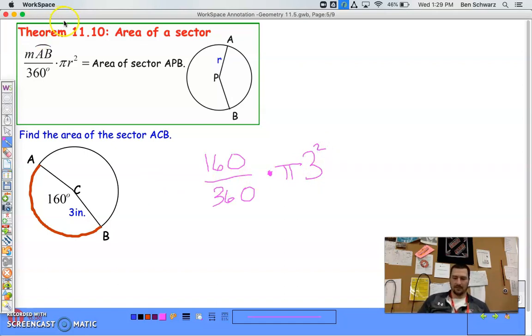Take 160 in your calculator, divide by 360, and then times it by pi, and then times that by 9. So here you'd get an answer of about 12.57. And we are inches squared.